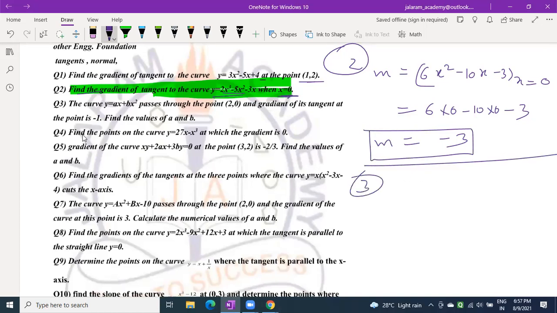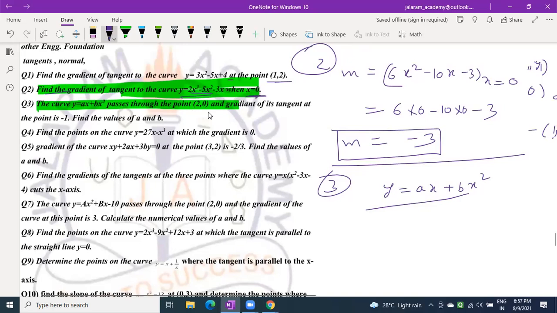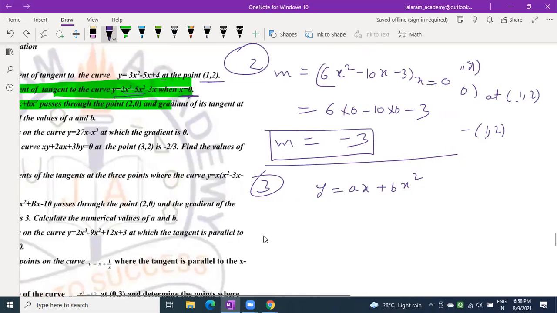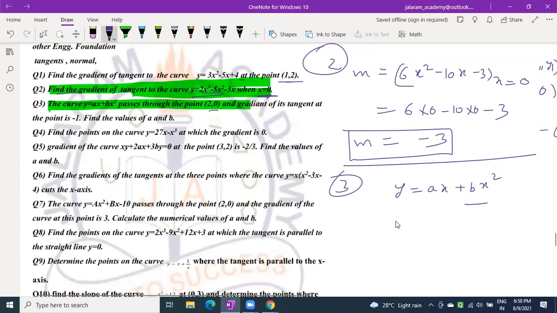In question number 3, the curve y equals ax plus bx square passes through the point 2, 0. So the equation of the curve is y equals ax plus bx square. And it is passing through the point 2, 0. Okay. So if it is passing through the point 2, 0, this point will satisfy the equation of this curve.